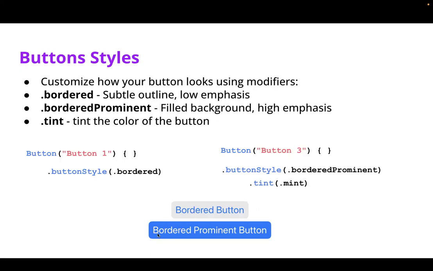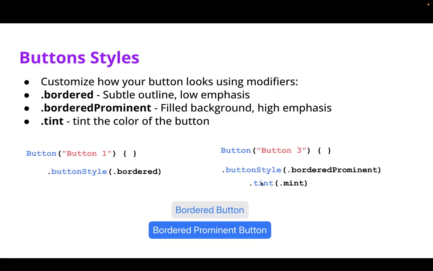And that's this button on the bottom with the blue background. And then also, if we want, we can change the tint of the color of our button. Like in the code example on the right, we're using tint and then defining our tint to be the color mint. That rhymed, sorry. But in this case, the default color is just blue.